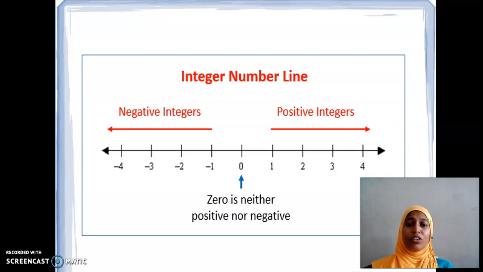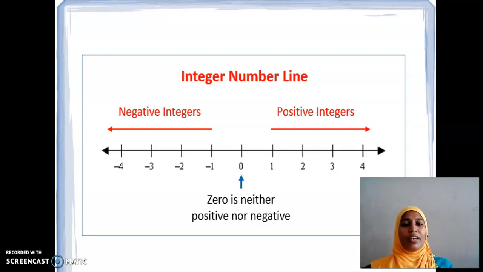Dear children, don't think this number line will have only up to +4 and -4. That doesn't mean that. This line can be extended to n numbers. It can be -350 on the left-hand side and +350 on the right-hand side. It can be extended as much as we want, where 0 is neither positive nor negative.